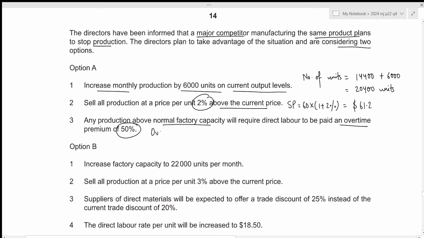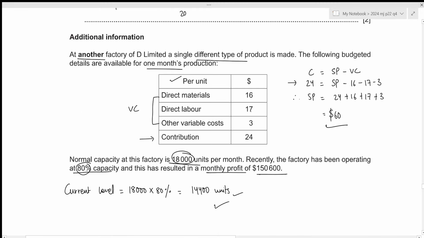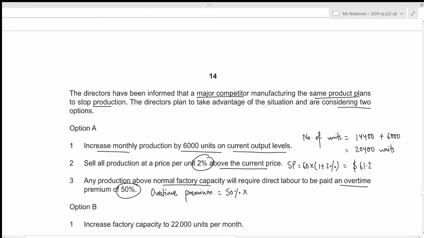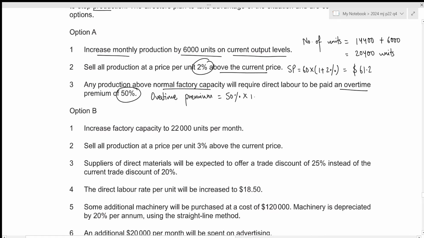Okay, so overtime premium will be 50% of the direct labor rate. The direct labor per unit is 17. So 50% of 17 results in the value of 8.5. And this is the overtime premium to be paid per unit. And we only need to pay overtime for any production above the normal factory capacity.